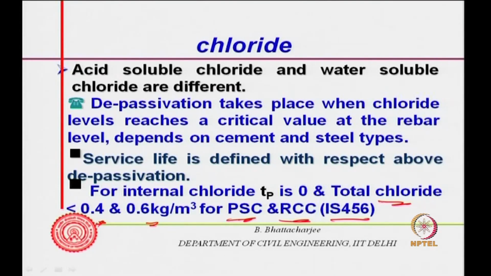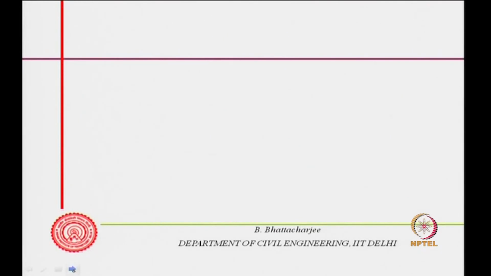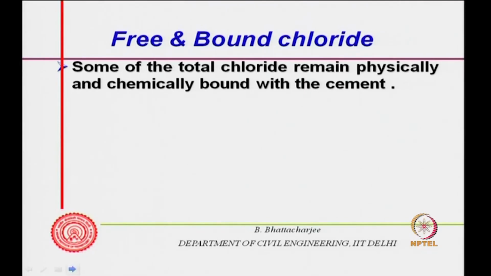Total chloride is important for ingredients, because some of the acid soluble chloride may turn into water soluble chloride in future. If you have sufficient chloride right in the beginning, the depassivation time could be even 0. So, it is important to keep the new concrete free of chloride or below the values suggested in the code, 0.4 kg per meter cube or 0.6 kg per meter cube.